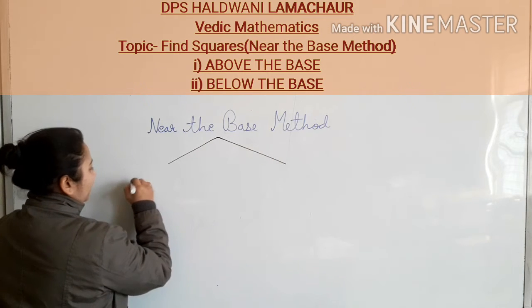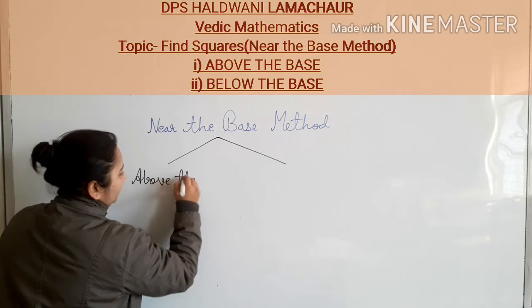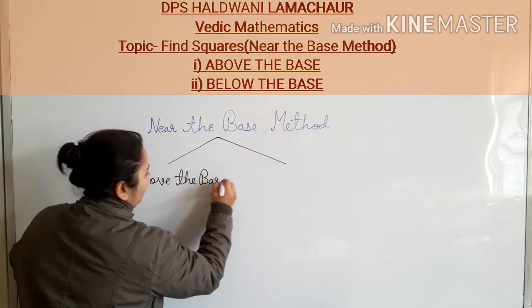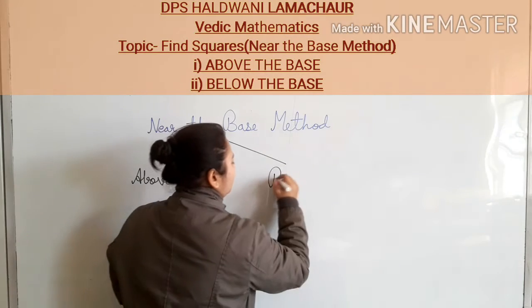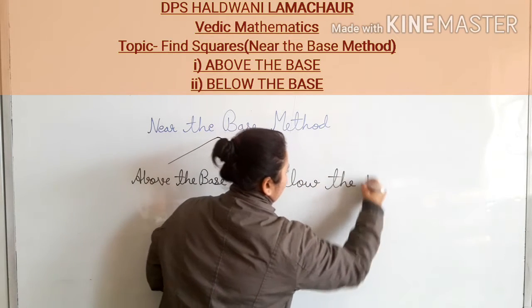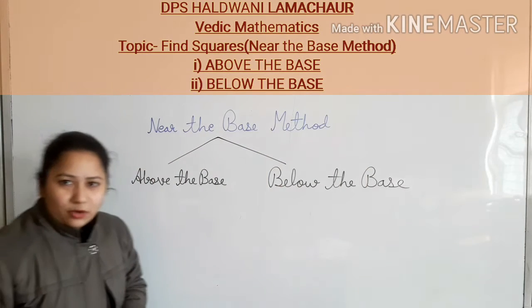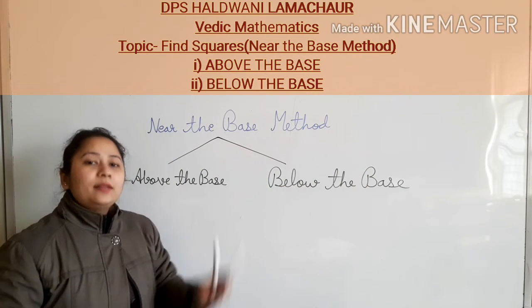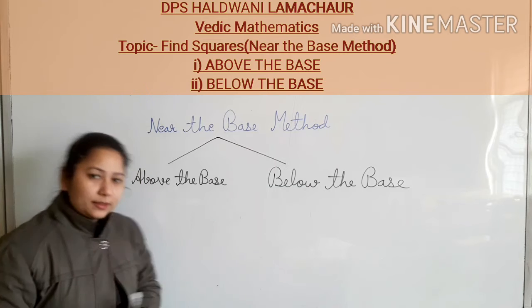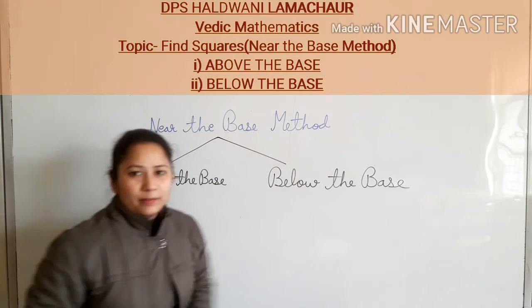The first part is above the base, and the second part is below the base. In our today's topic, we will find the squares of the numbers which are above the base and the numbers which are below the base.